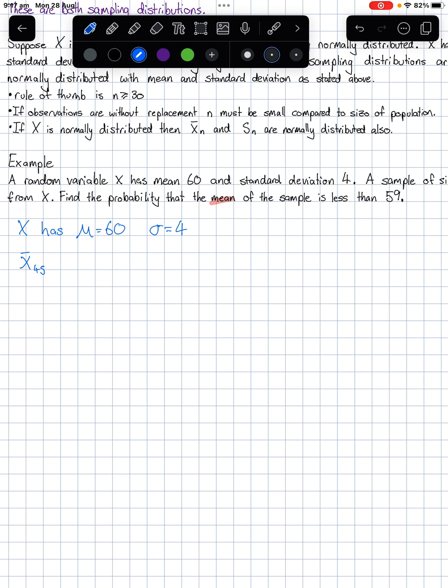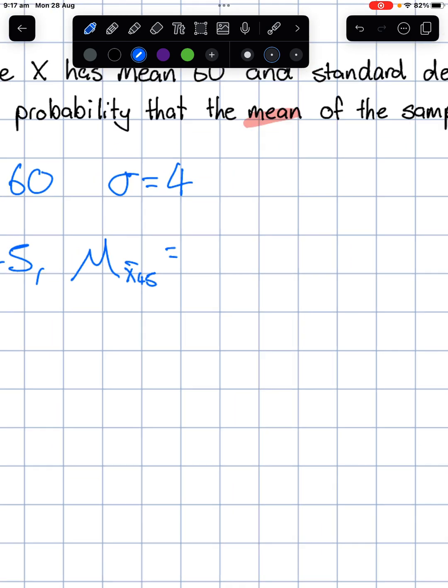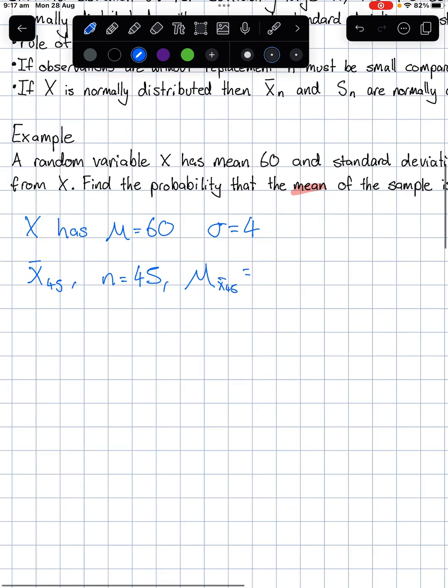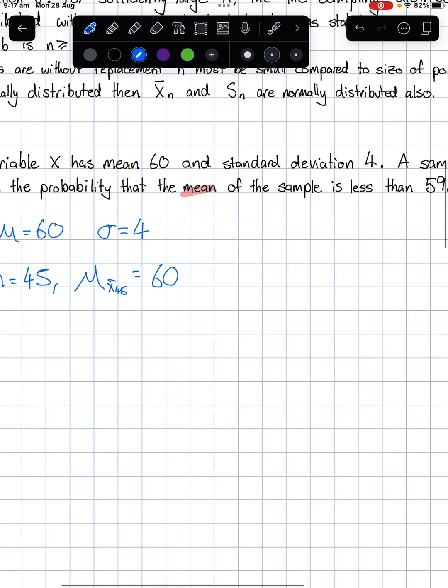And so this is n equals 45. Then if we remember our rules up there, the mean of this distribution is just going to be this mean here. That was our rule, which we covered in distribution of sample means.